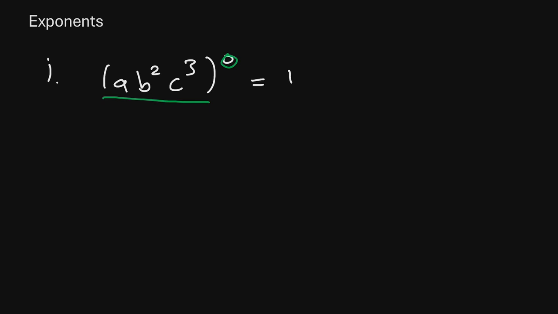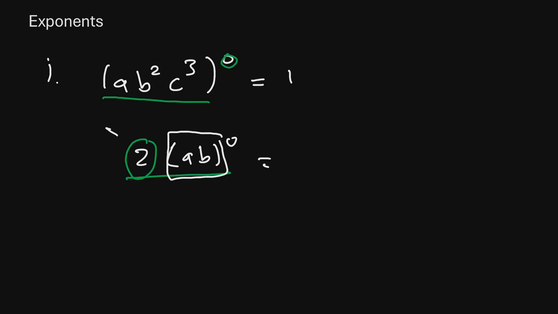You need to be careful. Sometimes you will be given a number and then something that is raised to the power of 0 is inside the bracket. So now the answer to this problem is not going to be 1, because this 2 here is not raised to the power of 0. So to simplify a problem like this, you're going to say, okay, we know that anything raised to the power of 0 is just going to be 1.